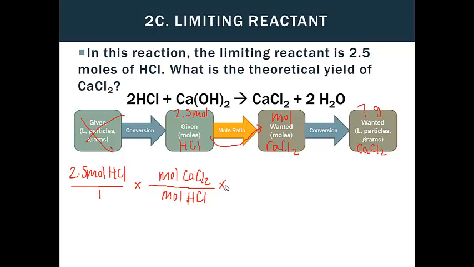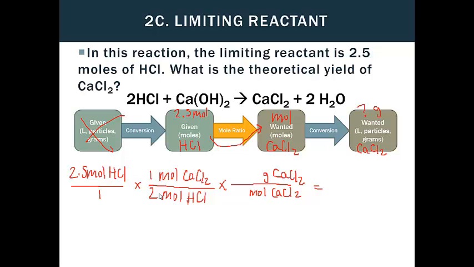Now I want to convert moles of calcium chloride into grams of calcium chloride. So mole on top of mole, that is the mole ratio. So there's 1 mole of calcium chloride for every 2 moles of hydrochloric acid.